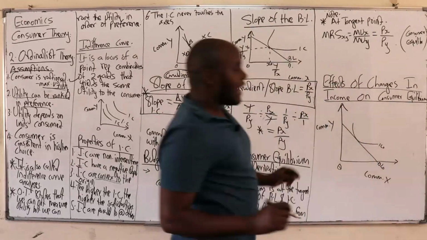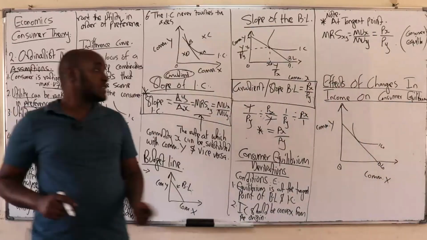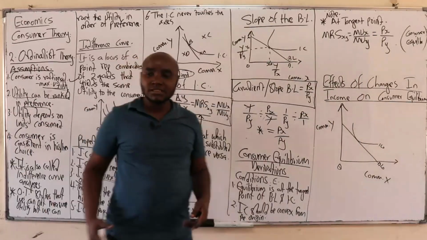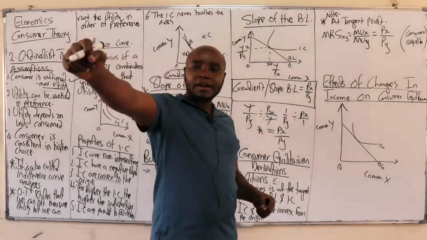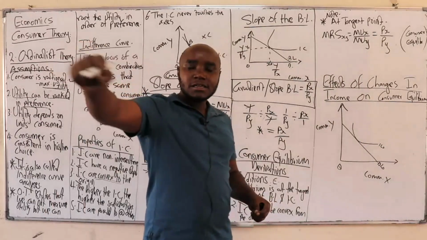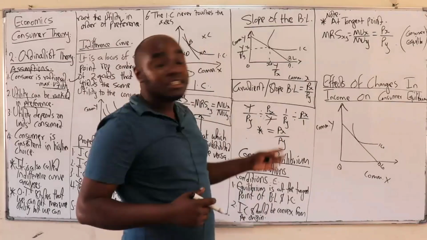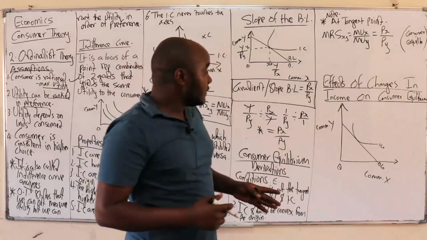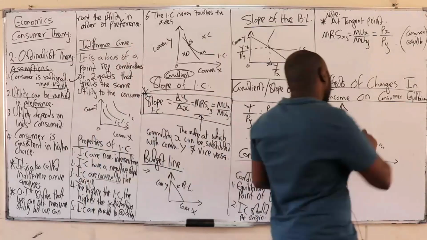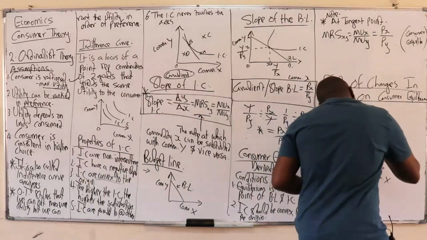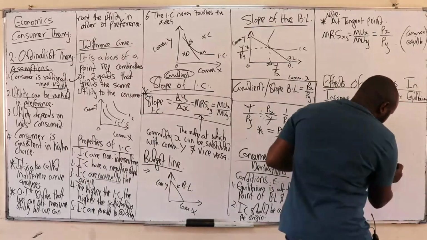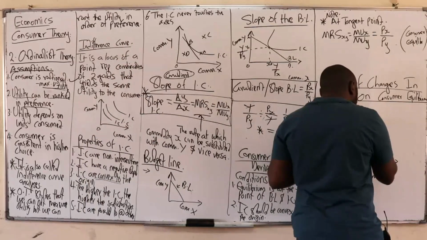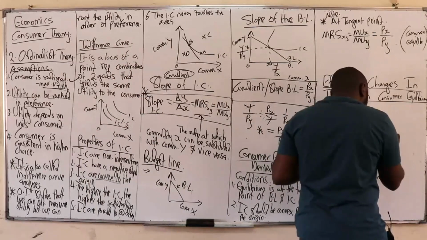Assuming there is some increase in our income, automatically our budget line will shift to the right. We will consume more of the commodities Y and X. Meaning that our new budget line will be like that at BL1, and our new indifference curve will be there, at IC1.